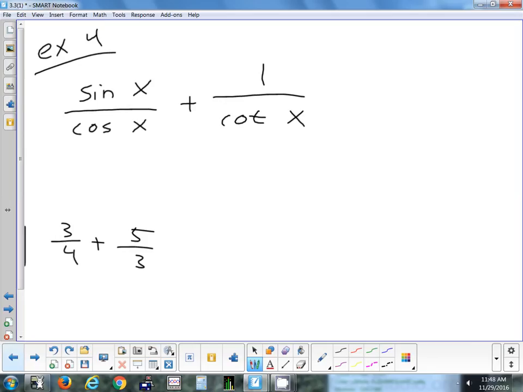If I want to get a common denominator, what's the common denominator between 4 and 3? 12. Okay, so to get the common denominator, you take the denominator that you have, take the 3, and you multiply the other fraction by that denominator.